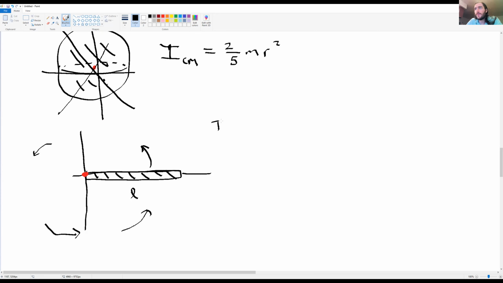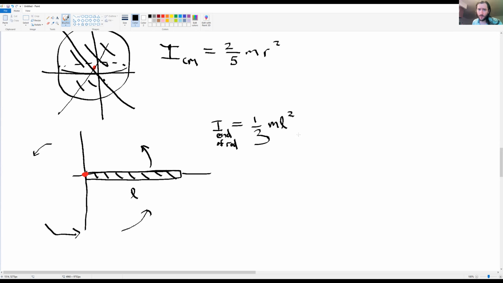You can calculate the moment of inertia for that situation, and I'll write moment of inertia about the end of the rod. It turns out to be, excuse me, not 1/2, 1/3 ML squared.